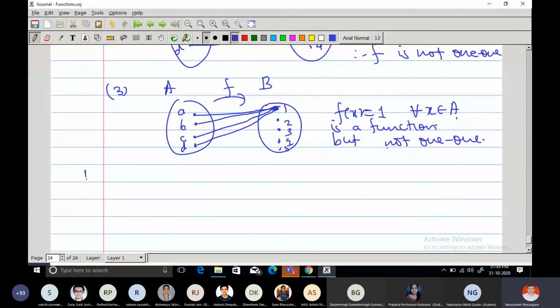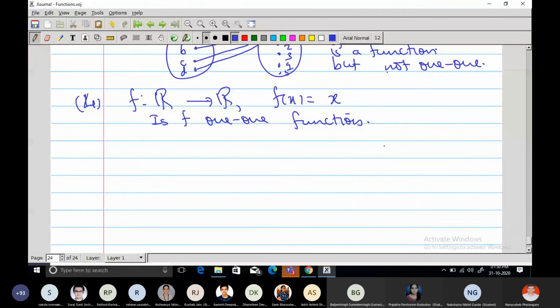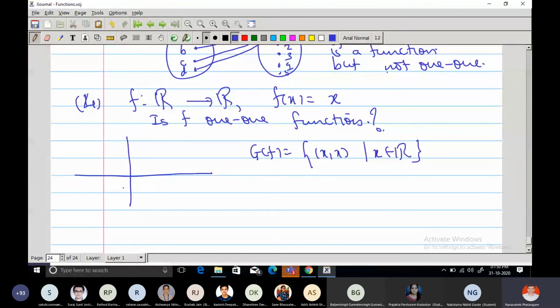Now let us go to some non-trivial cases. If I define f from R to R, f of x is equal to x, is f one-one? You sketch the graph. What is the graph of f of x equal to x? A straight line passing through the origin, with points having equal x and y coordinates.